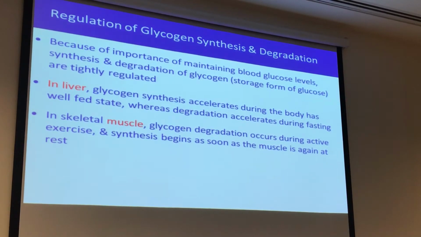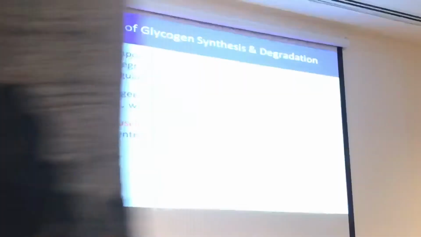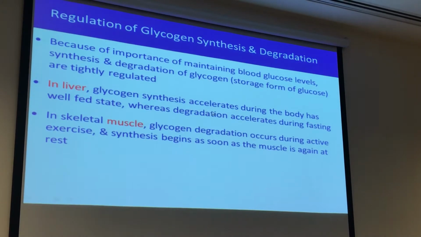Okay, so these synthesis and degradation are tightly regulated. They are regulated very well, tightly, so firmly. Okay, so in the liver, glycogen synthesis will accelerate. What does accelerate mean? It will go fast or it will increase.